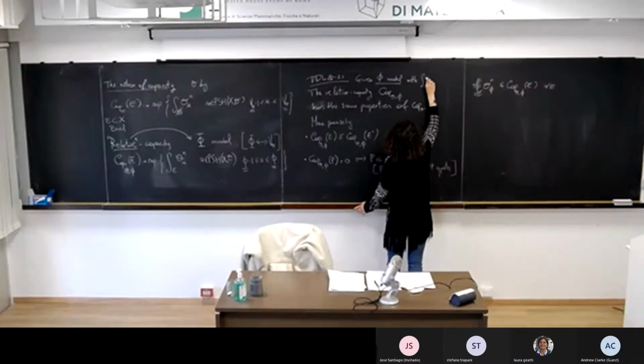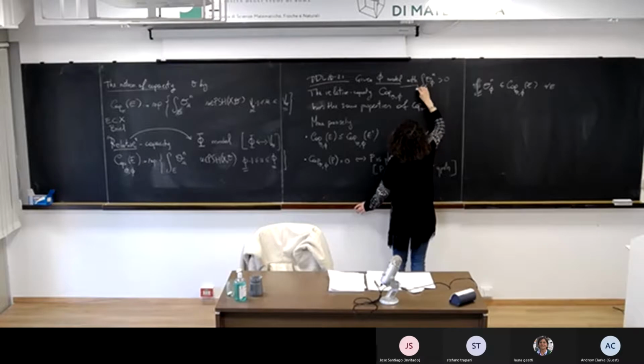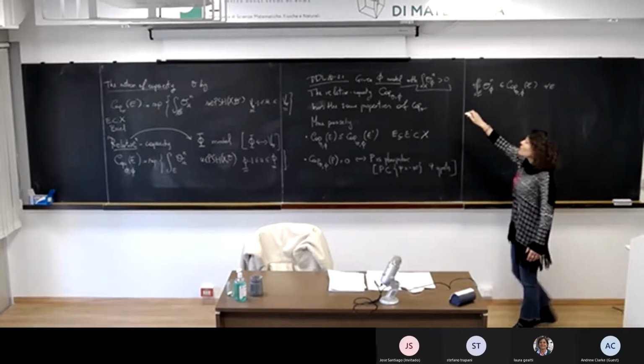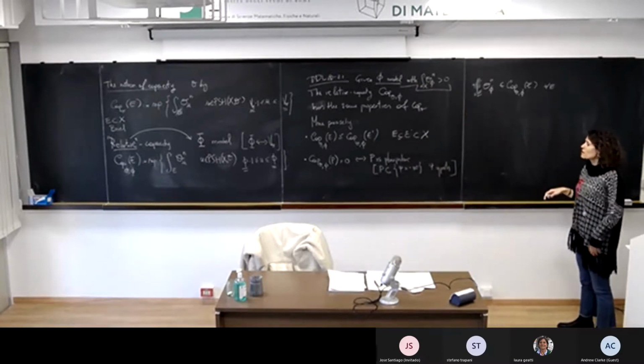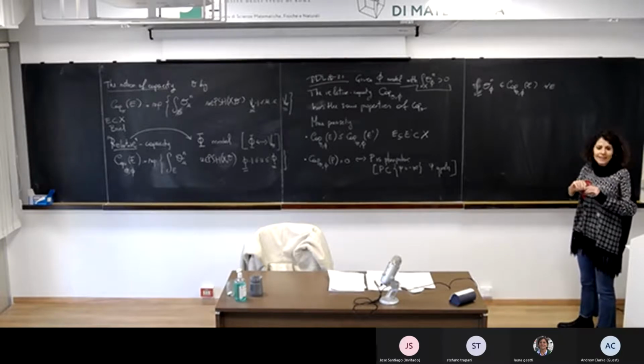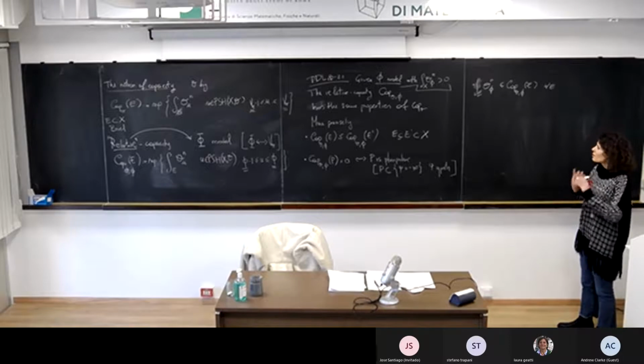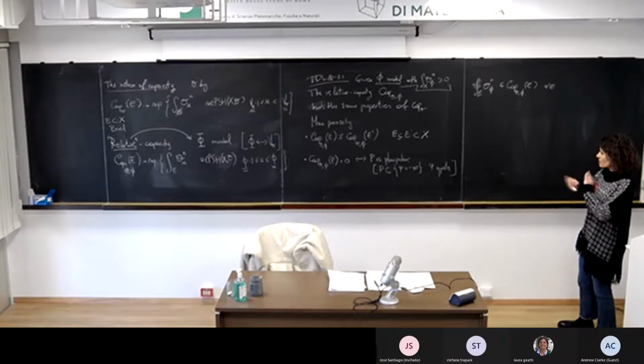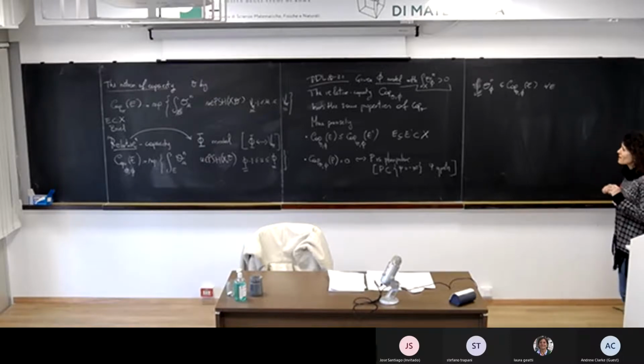But this is always our assumption. Remember, at some point when I introduced the Monge-Ampère mass, I said that we are always going to work with strictly positive mass. The zero mass case is not clear yet. So always positive mass, and life is easier, let's say.